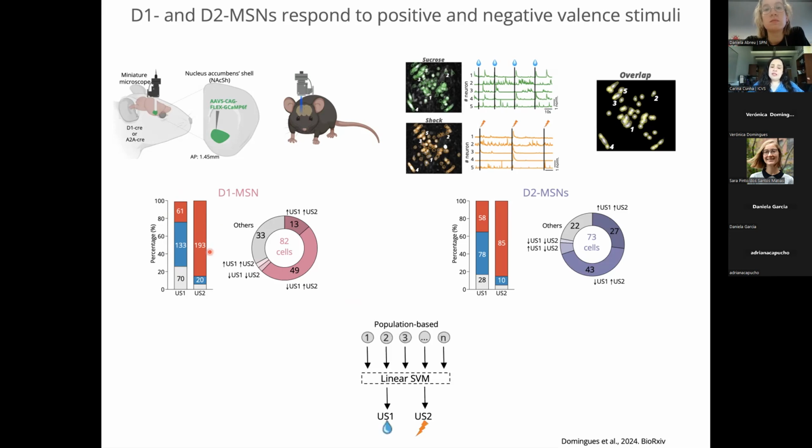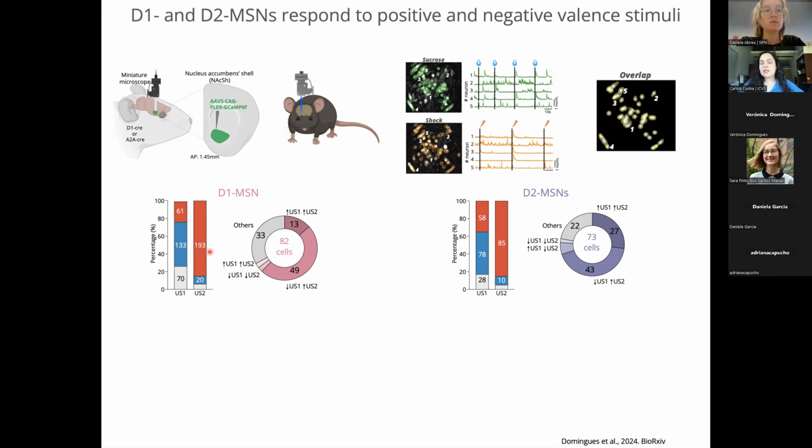Still, this would just let us know that there are neurons in the accumbens that respond to appetitive and to aversive stimuli. But we wanted to know if the information that these neurons contain, their activity, could actually be used to predict or to really encode appetitive or aversive signals. So what we did to try to answer this question was to apply a computational model called linear SVM.